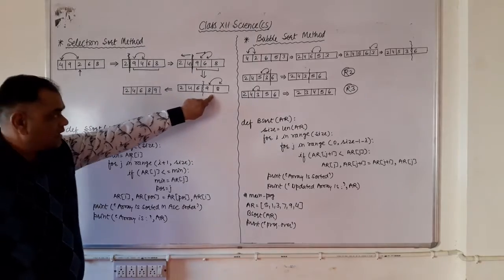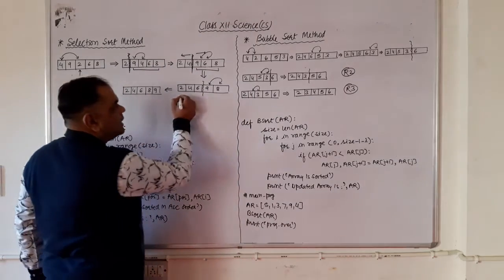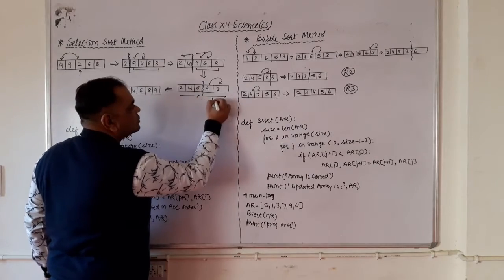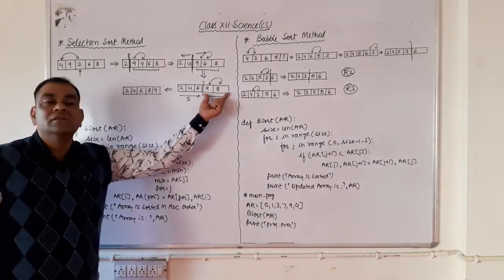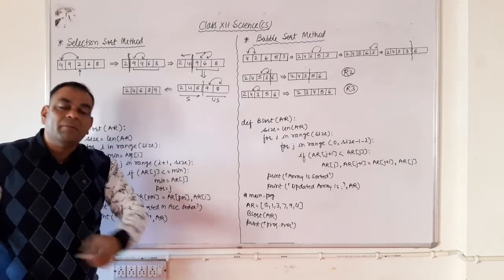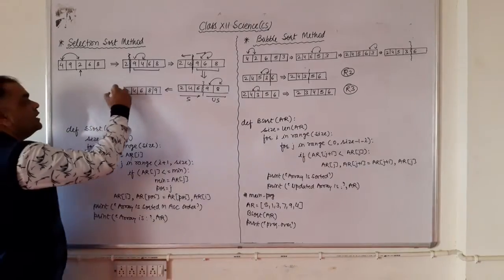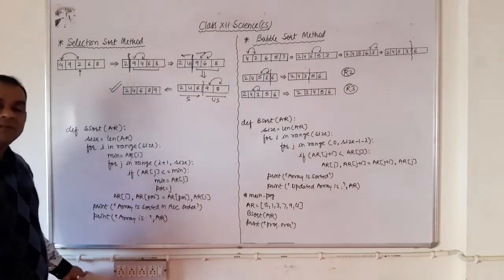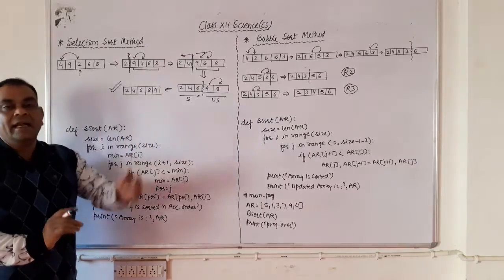Now just see what the output is here. And then again the array is divided into two parts: sorted and unsorted. Just come to the unsorted array, find the minimum element, swap the element, and at the last you will get the whole array in ascending order.